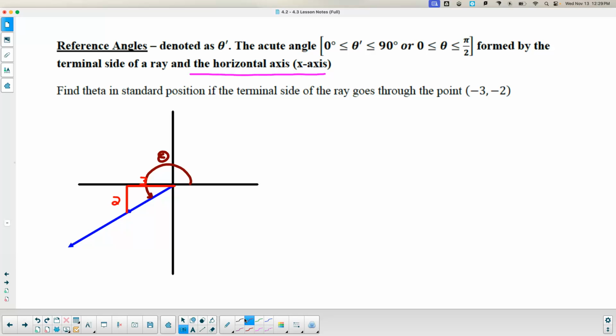This side length here would be 3. Half of you do tangent of 3/2. The other half do tangent of 2/3. Tell me if we get a quadrant 3 angle. Tangent of 2/3 or tangent of 3/2. That's my only two choices here.